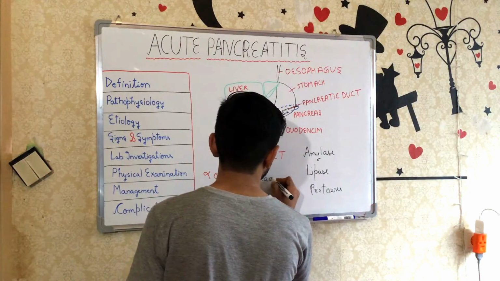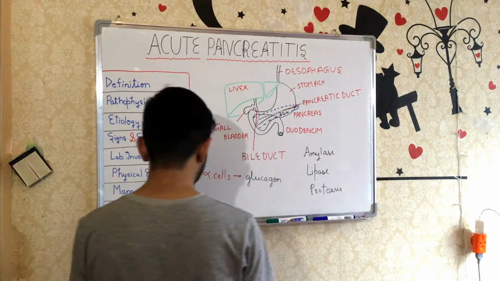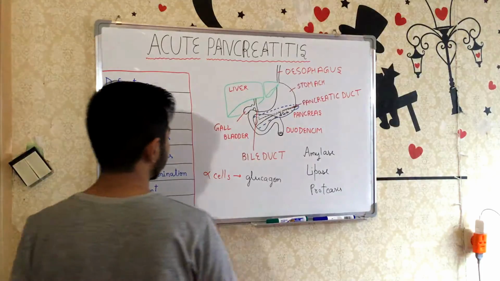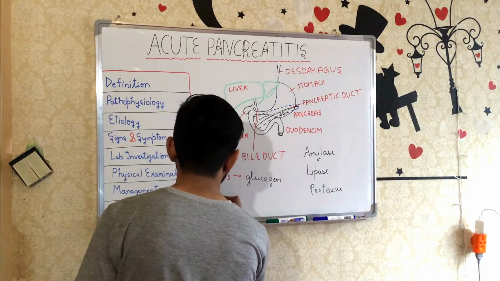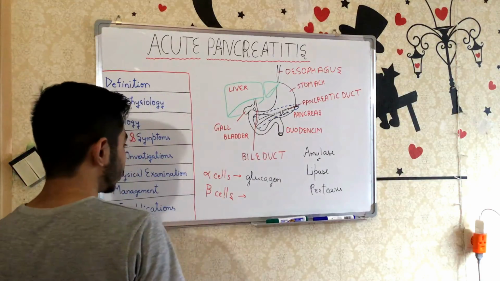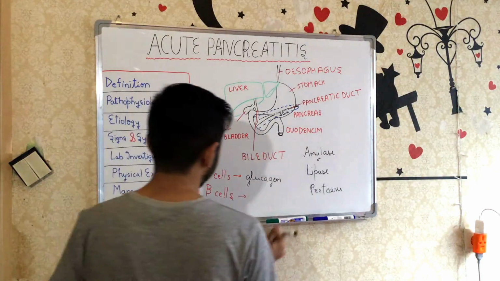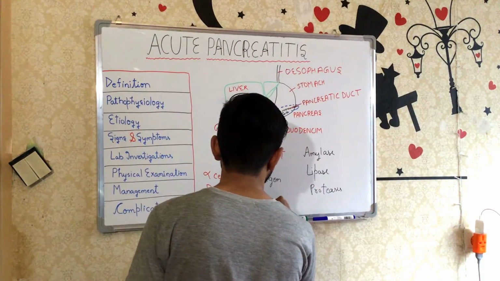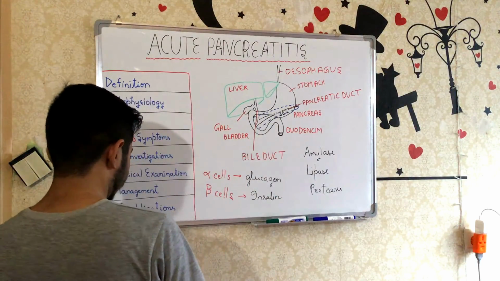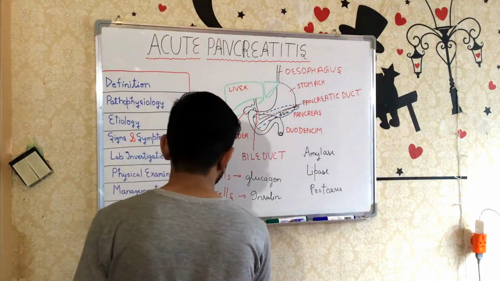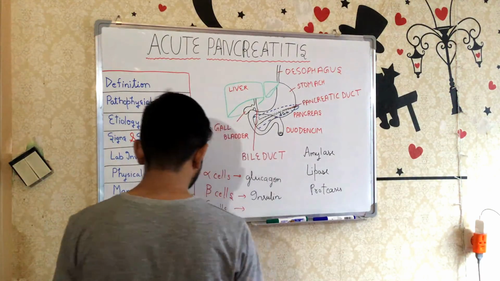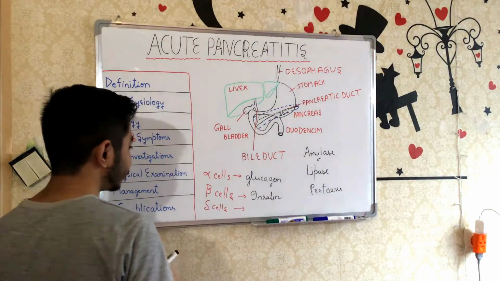The beta cells of the islets of Langerhans in the pancreas secrete insulin into our blood. And there are the delta cells also. The delta cells secrete somatostatin.